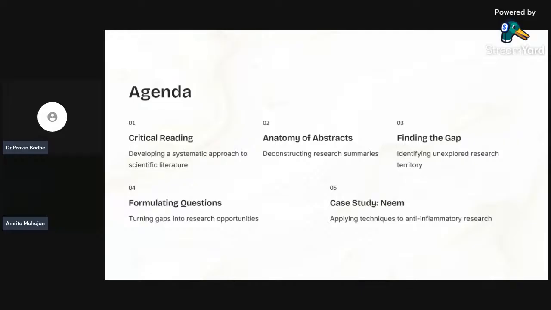Then finding those gaps which are unexplored in that research article, and then formulating questions, turning gaps into research opportunities for your upcoming research project. At the end, I'll discuss a case study of NEEM through which we'll apply techniques to find the gaps, how to read, and to move towards your research purpose.